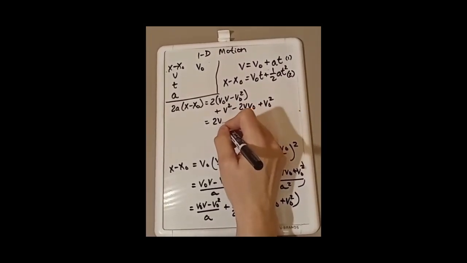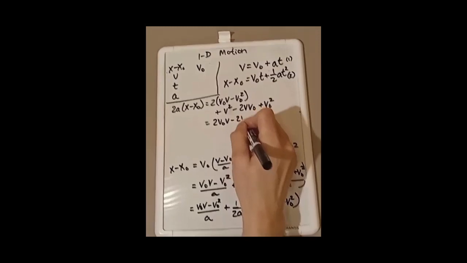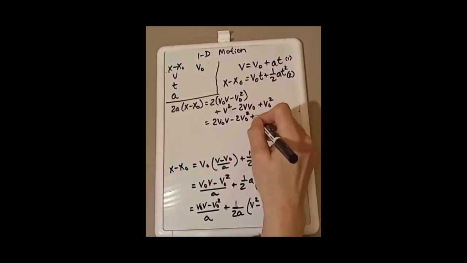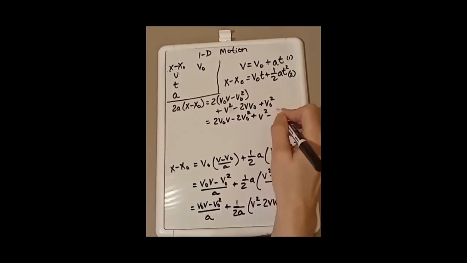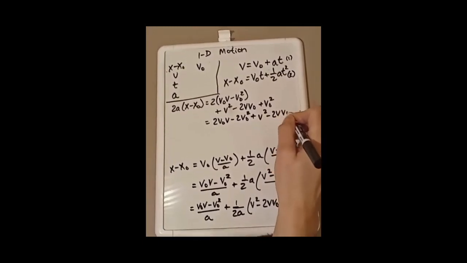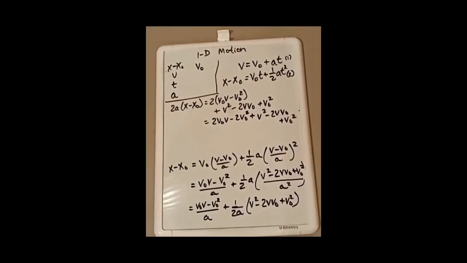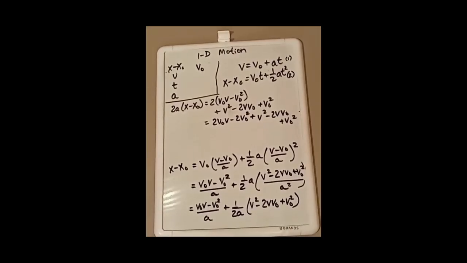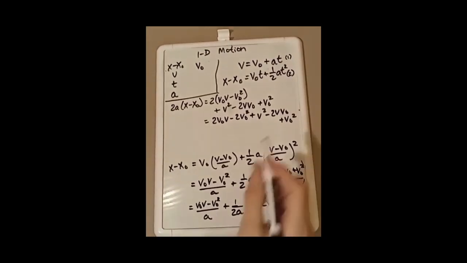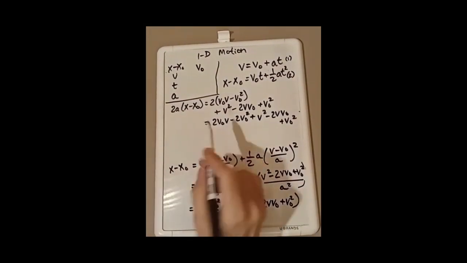So I get 2 v naught v minus 2 v naught squared plus v squared minus 2 v v naught plus v naught squared. Okay, so now we're just going to combine all our quantities, and remember we got our 2a on this side, which we'll get rid of in a second.